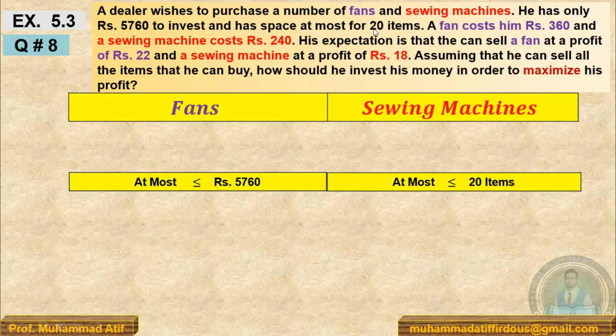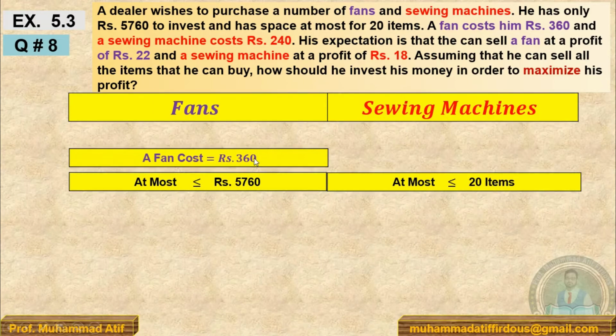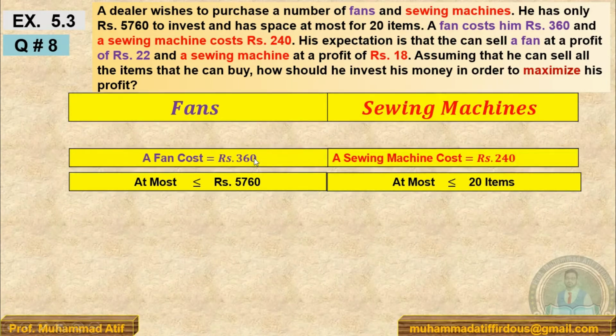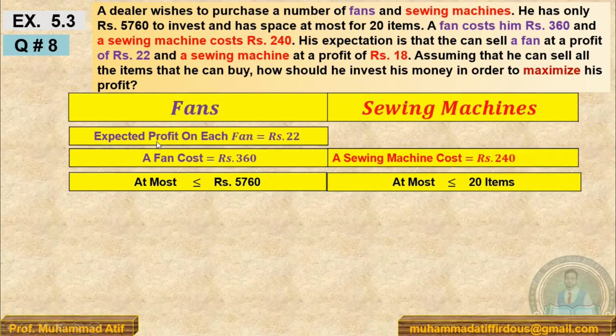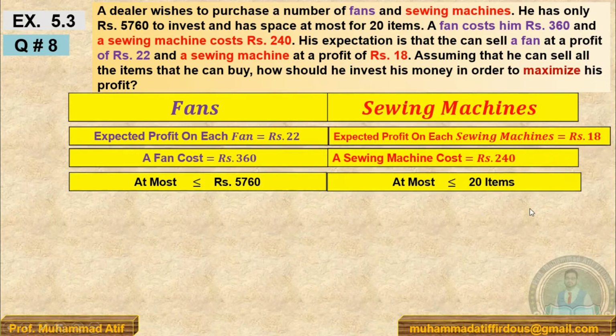He has space for at most 20 items, so at most means less than or equal to 20 items. And a fan costs 360 rupees and a sewing machine costs 240 rupees. And the next information is the expected profit on each fan is 22 rupees and on each sewing machine is 18 rupees.